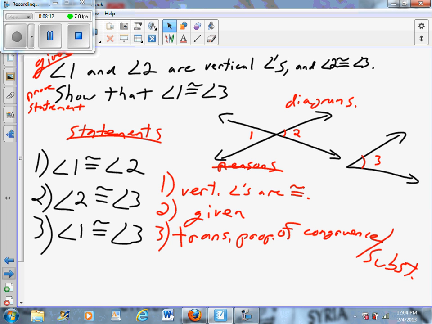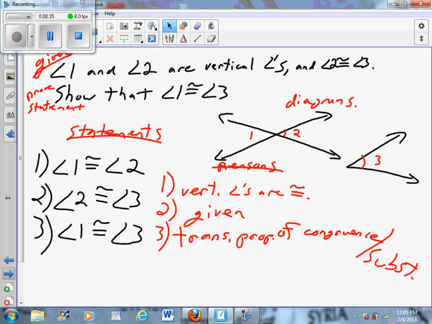Proofs are ways that we try to systematically and methodically establish the truthfulness of certain statements. Two-column proofs consist typically of 5 parts. You've got a given statement, like up here, angle 1 and angle 2 are vertical angles, and angle 2 congruent with angle 3. A prove statement, that is to show that angles 1 and 3 are congruent.